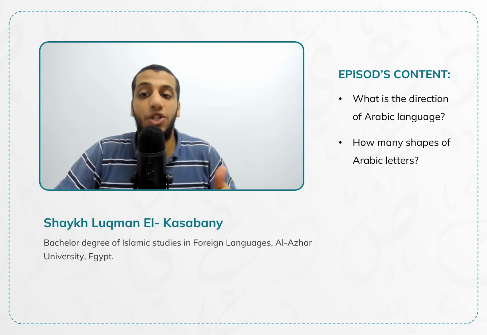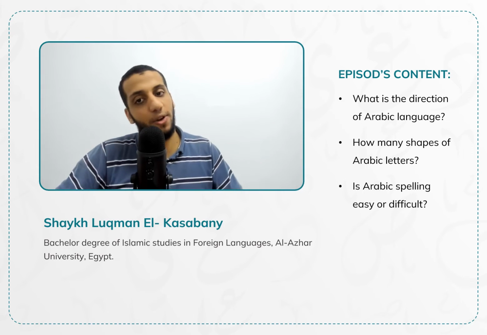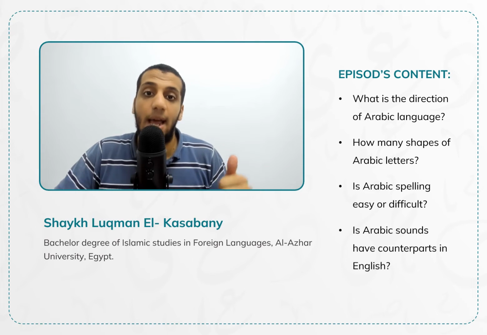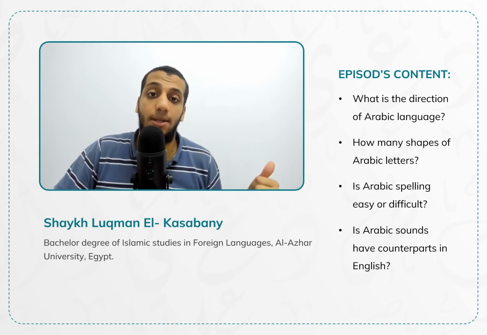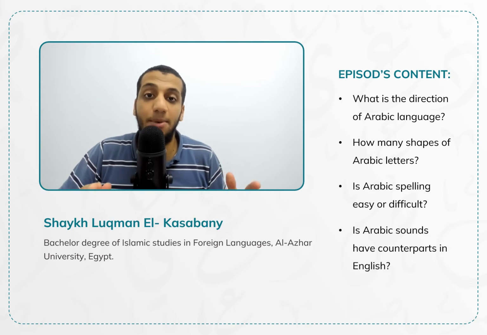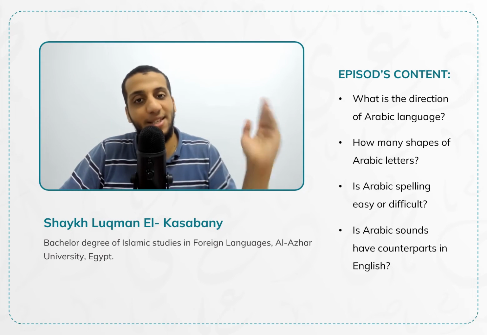The third question is, is Arabic spelling easy or difficult? The fourth question is, do Arabic sounds have counterparts in English? After finishing this episode, you will understand all these points. So, stay tuned.